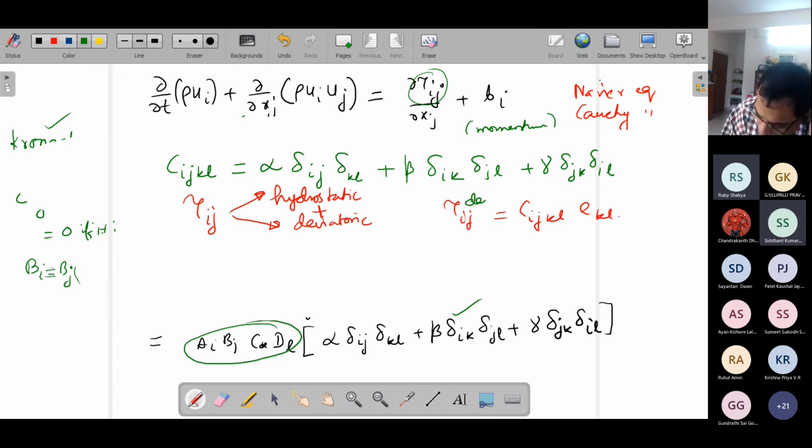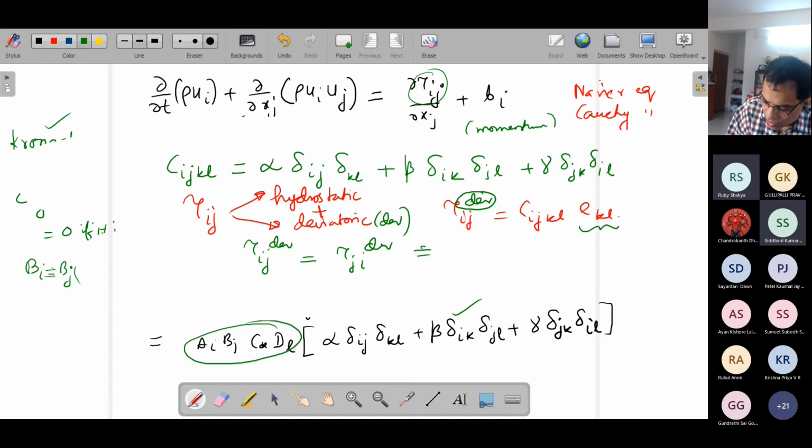So to honor that, I am putting this deviatoric here. The reason is that this is related to deformation, and deformation is not relevant in the hydrostatic case. So tau ij is equal to Cijkl Ekl. This is for the deviatoric, and because of the symmetry, you must have tau ij deviatoric equal to tau ji deviatoric.